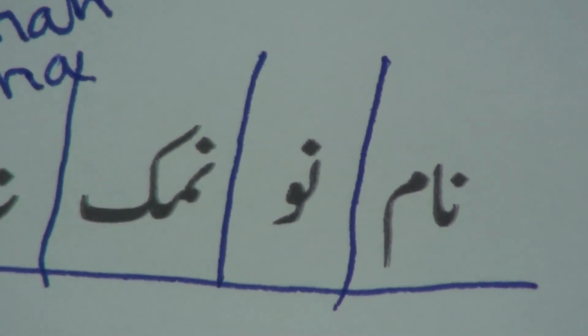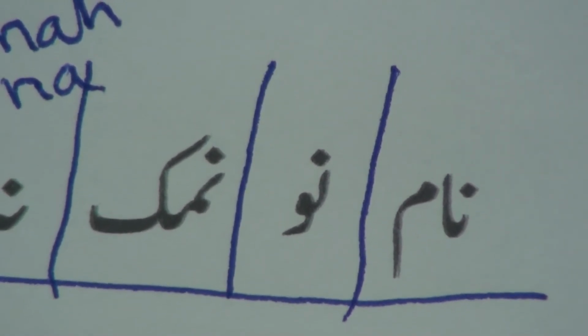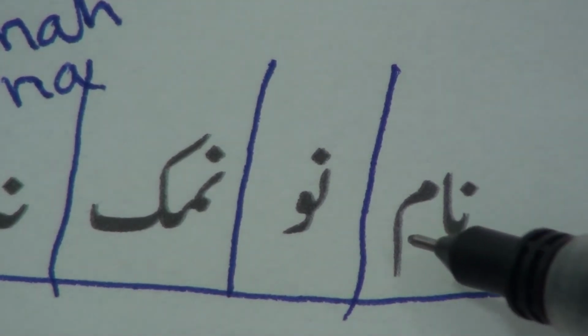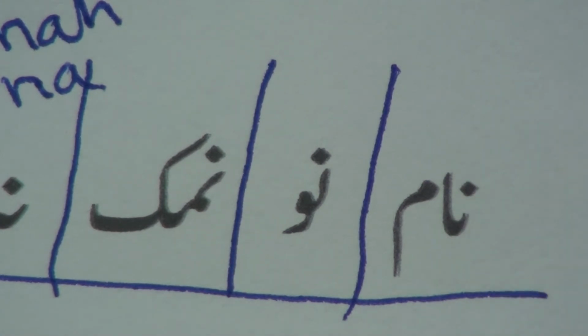Naam. When noon is at the beginning of a word, its shape is this. Noon, alif, mim, naam.